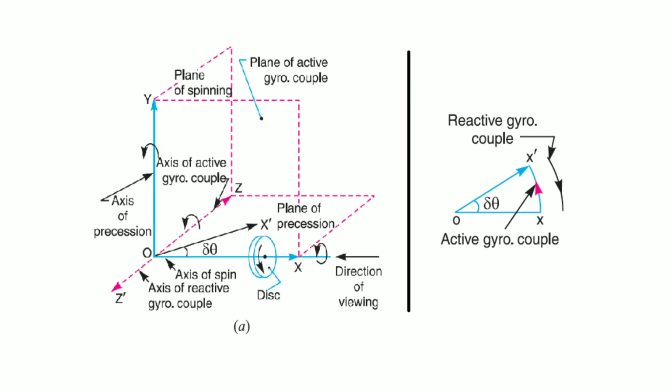So OX dash is the angular velocity of the rotor when the axis of rotation of the disc is displaced. In this case XX dash is the active gyroscopic couple, and in the opposite direction to this active gyroscopic couple, a reactive couple is generated.